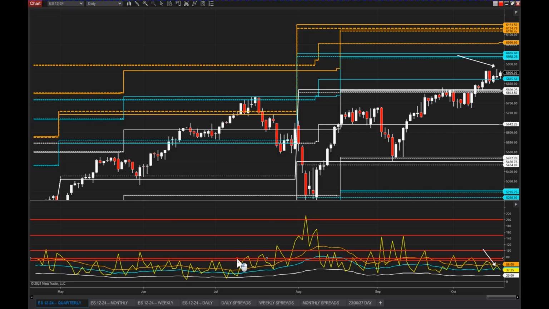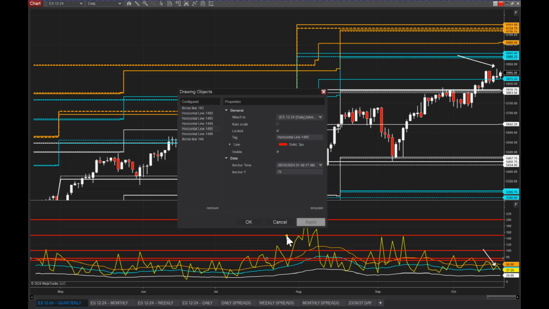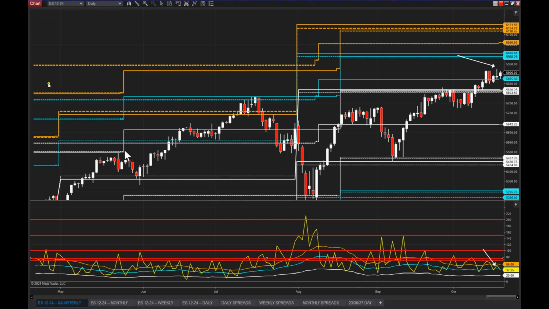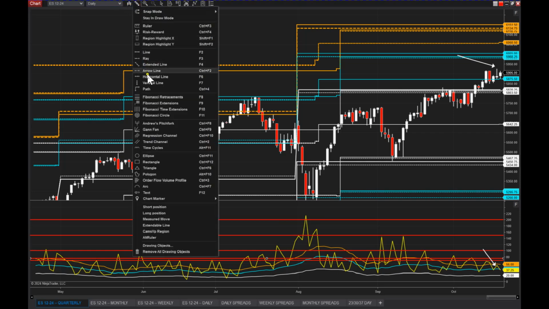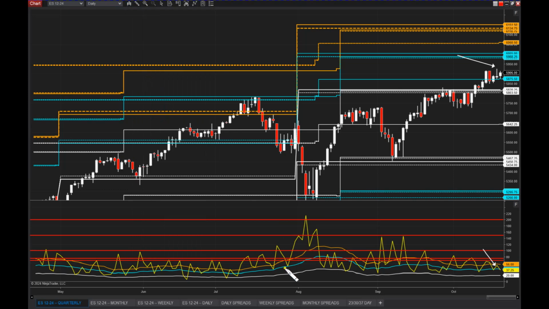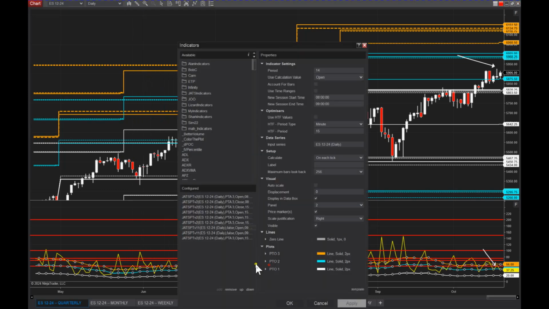There we go. Kind of close together, 75%. So you could put a 50% line on here also, which is a really good level to understand for volatility, very important. So when you get your NinjaTrader, just pay attention to these lower oscillator levels. This is the PT2 indicator.